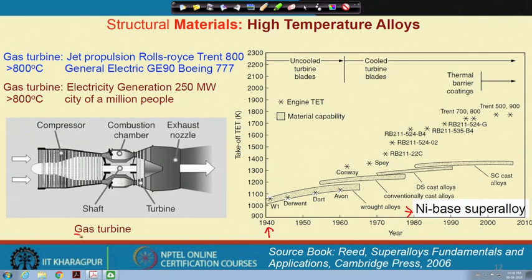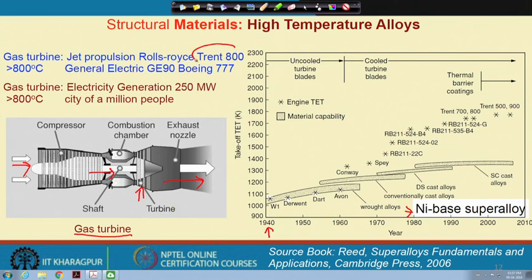On the left hand side we see a gas turbine engine where the gases enter through the compressor, go through a combustion chamber, and this is the turbine here, and go out of the exhaust nozzle.